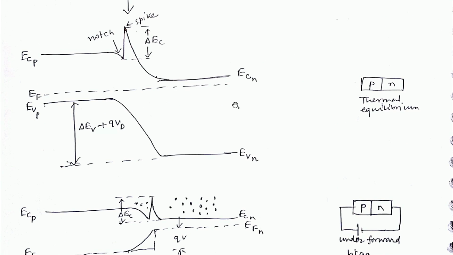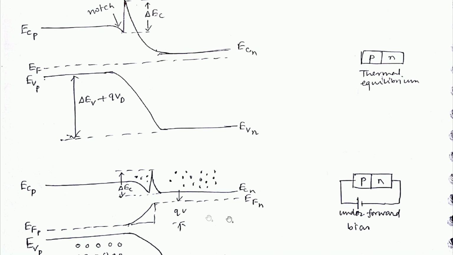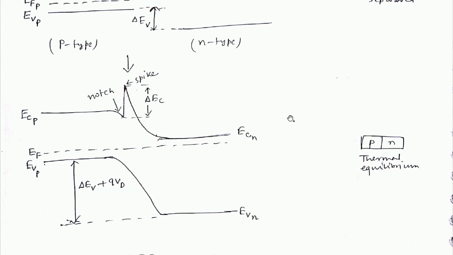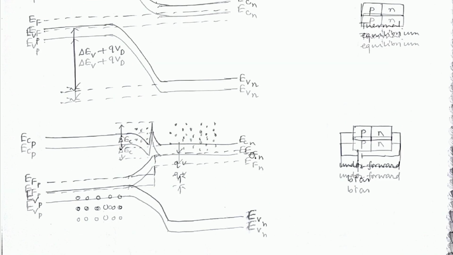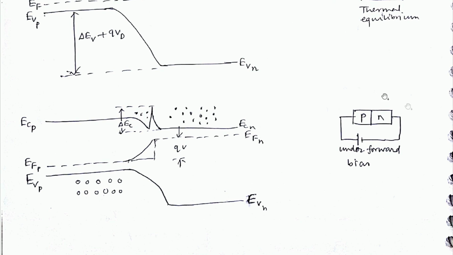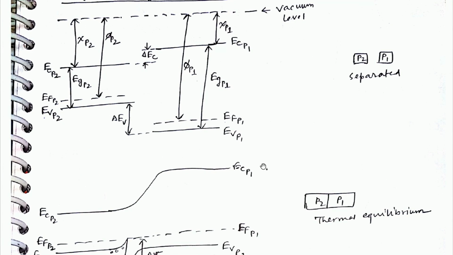The band gap cannot change, that's why you get a spike like this to keep a constant band gap. Now when you apply some bias, some process happens, and you get this under forward bias. I don't think this type of problem will come, but those who are interested can look at it once. Okay, moving forward.